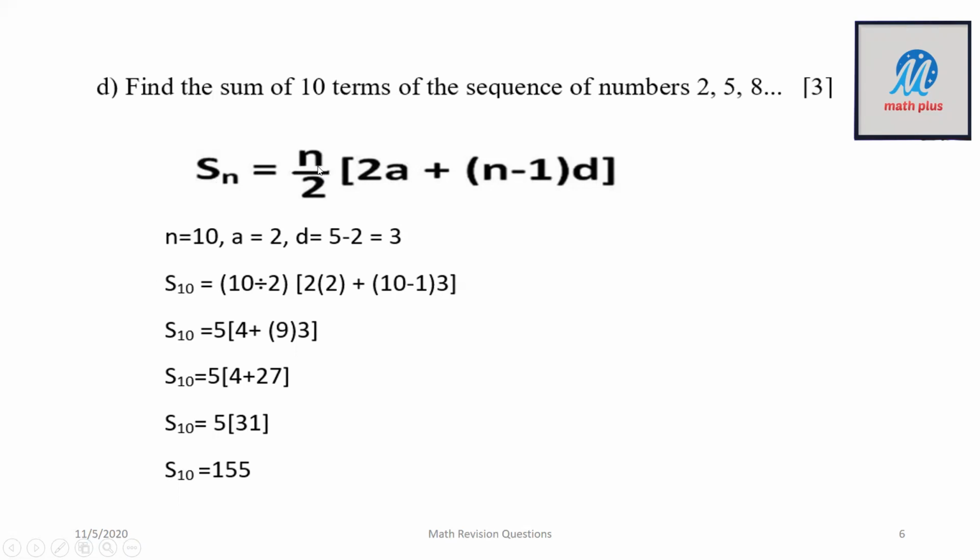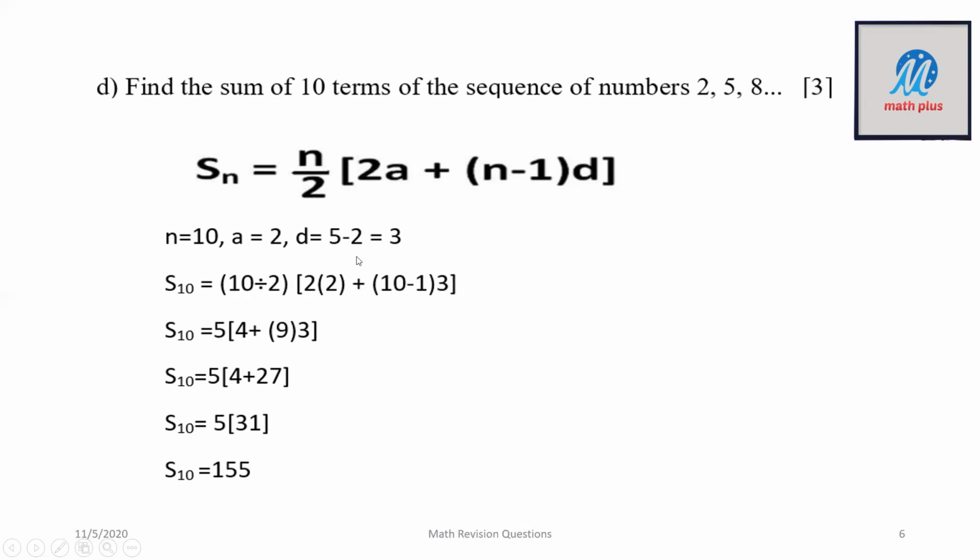Now you can substitute. I want to find the first 10 terms, so it is S10. My n should be 10, so 10 divided by 2. My A is 2, and my D is 3, so I have substituted. Then 10 divided by 2, I will get 5.